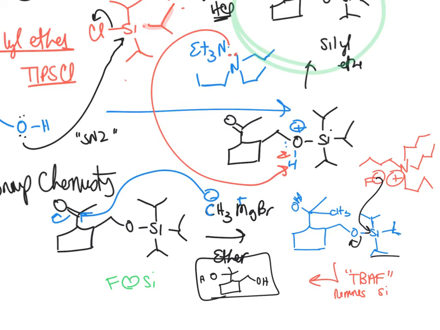Now let's go over POGIL activity 17. Okay, so model 1 is called ether cleavage with HBr. Now, this is not a reaction you want to happen.